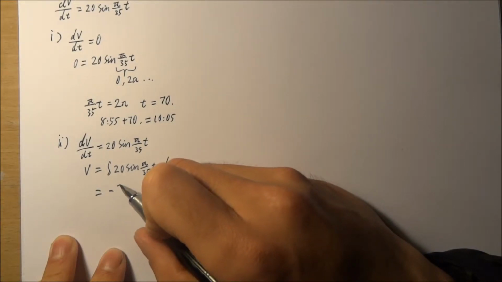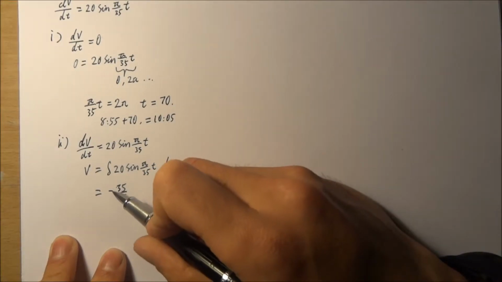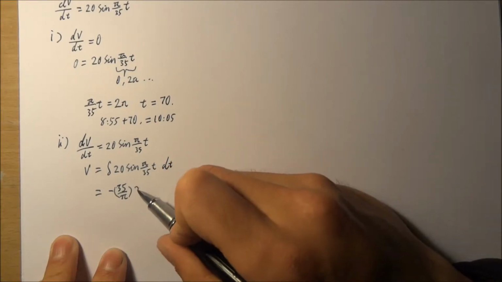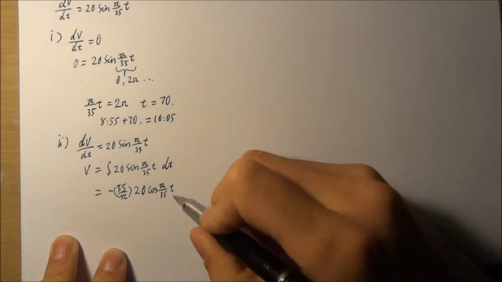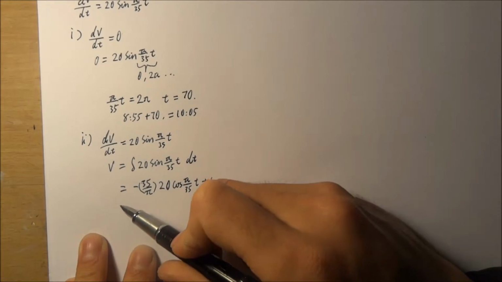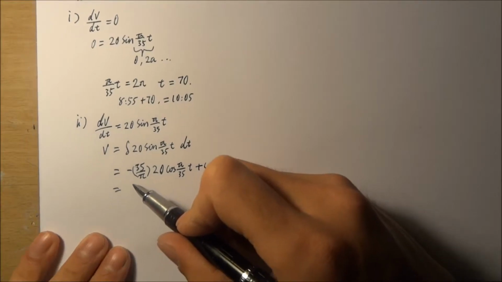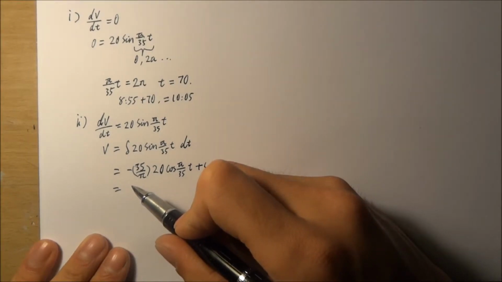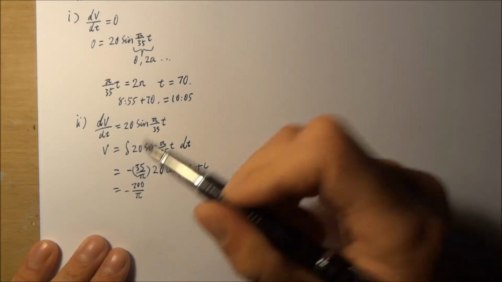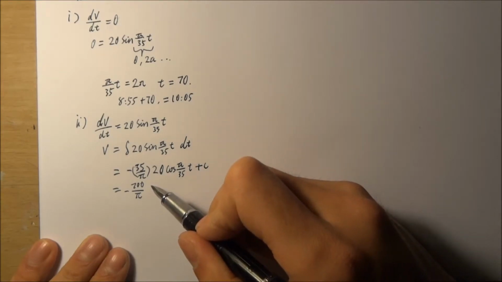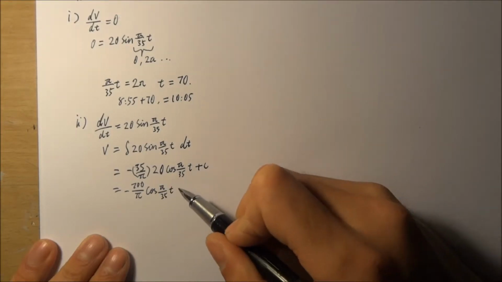So it's minus 35 over pi times 20 cos(pi over 35 t) plus c, which will equal minus 700 over pi cos(pi over 35 t) plus c.